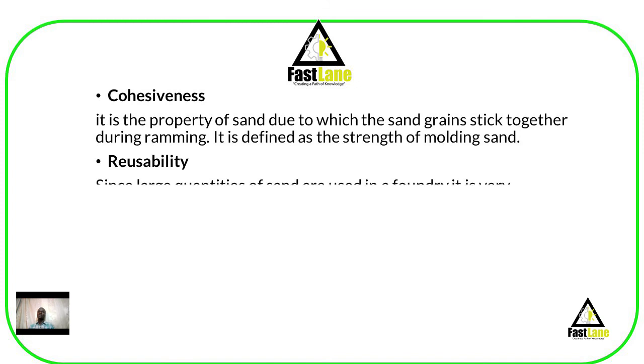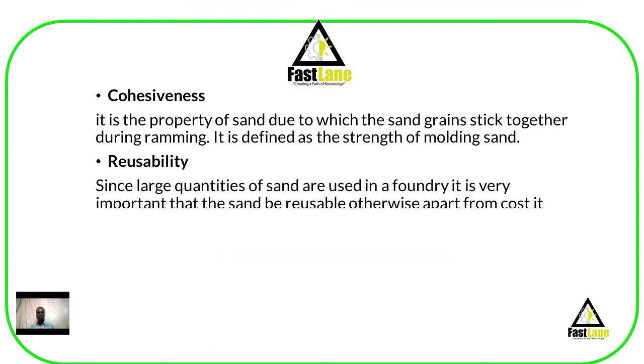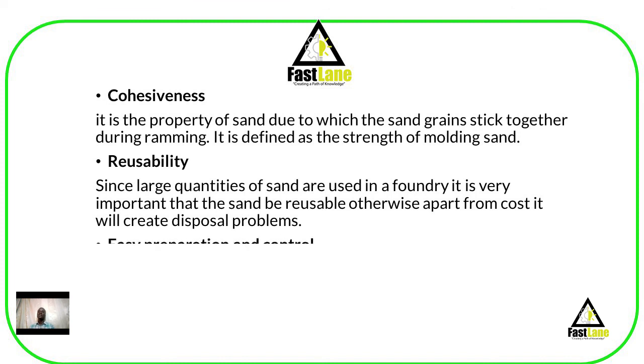We have to use this molding sand multiple times, because we are trying to reduce the cost. So if we are to use a lot of molding sand for large quantities of castings, we need to make sure that our molding sand is reusable, such that we cut costs.